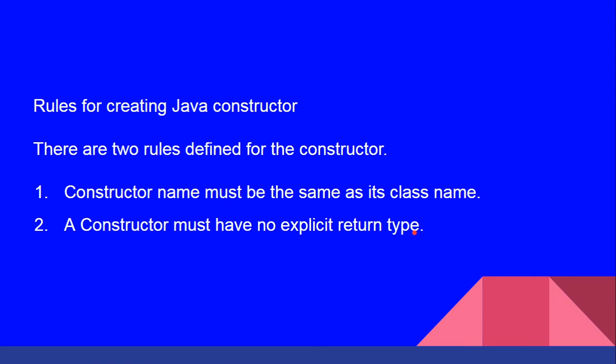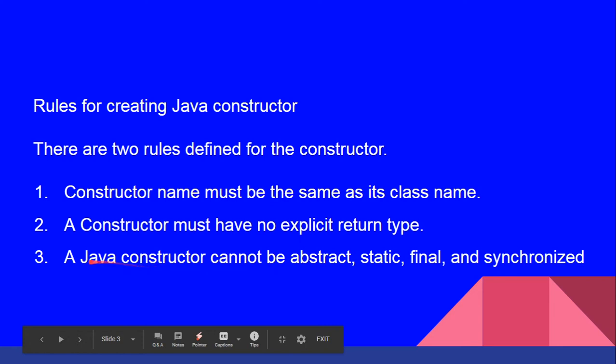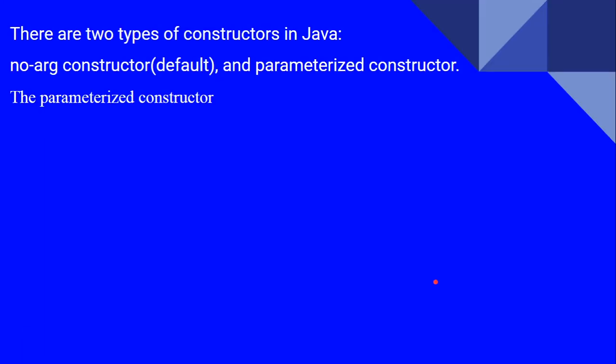We know that a function has a return type, then the function name, and then the arguments or parameters, but a constructor has no explicit return type. A Java constructor cannot be abstract, static, final, or synchronized. So when you declare a constructor, we cannot declare it as abstract, static, final, or synchronized.